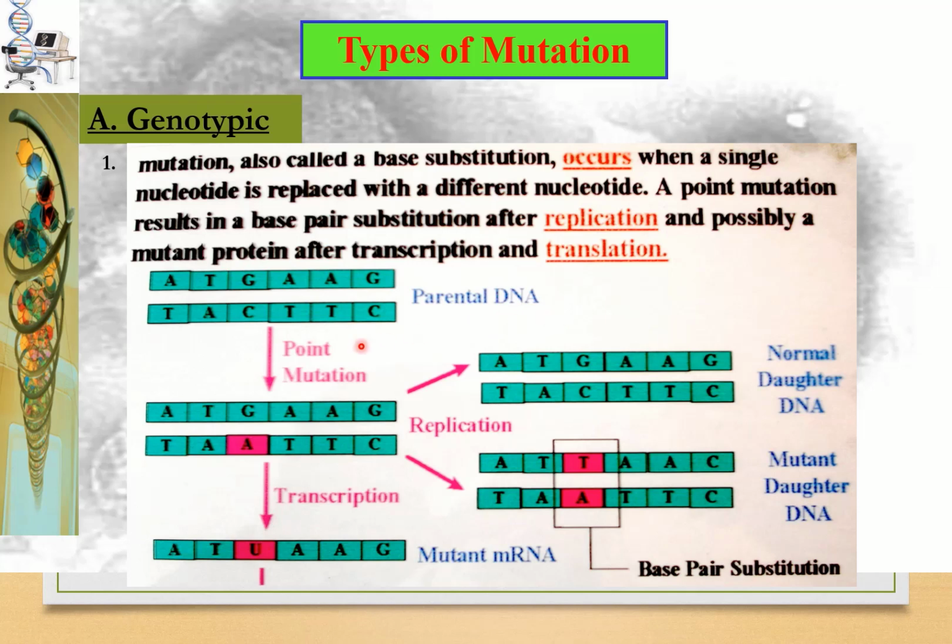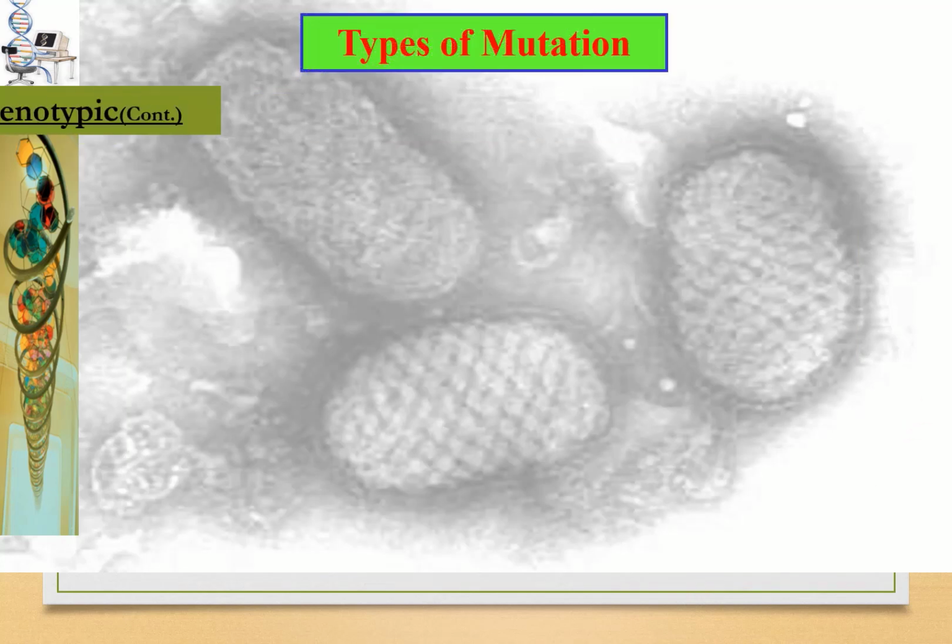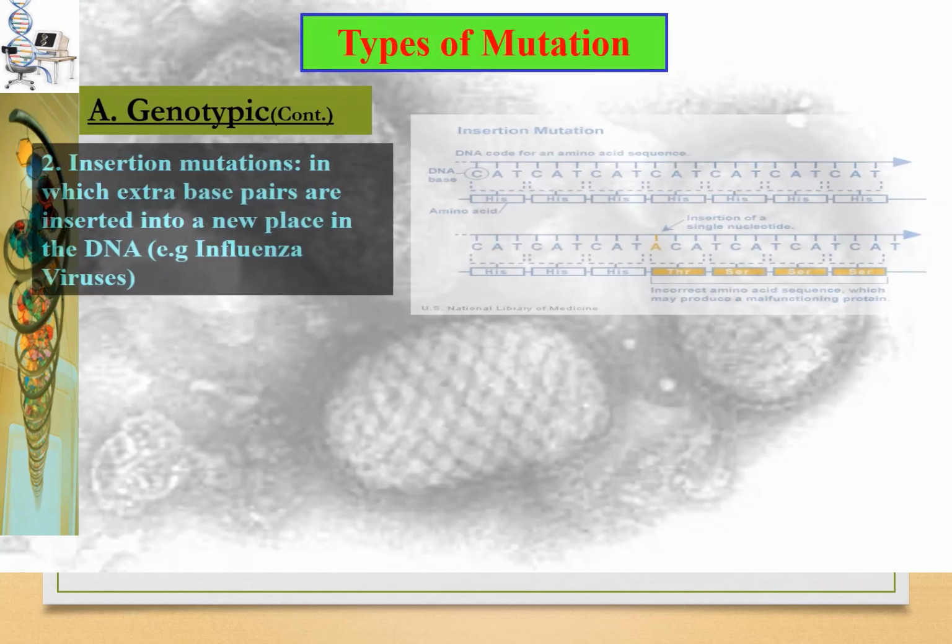Parental DNA point mutation, here difference in one base pair. And this is the normal daughter DNA, and this is the mutant daughter DNA, and here the substitution of the first pair.